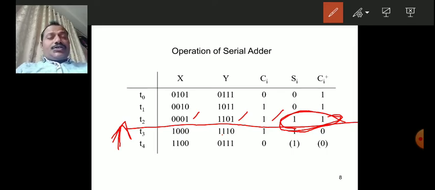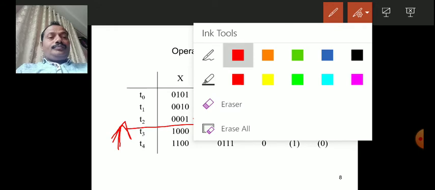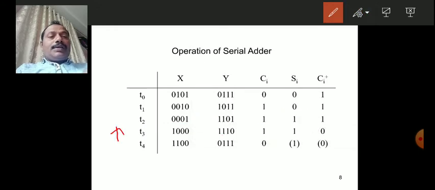The X register is shifted right by 1 position, the Y register bits are rotated left by 1 position, and the D flip flop will shift the carry input to the output. At the T3 pulse, each bit of X is shifted and the sum bit of the previous stage comes here.